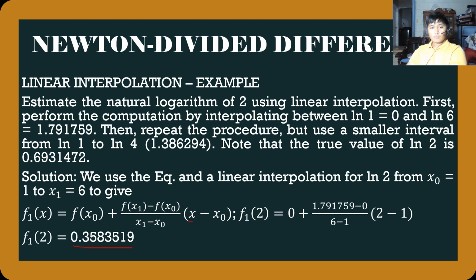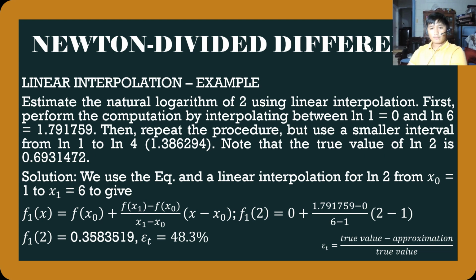So x will be 2, and then minus x sub 0, which is 1. Times this one, so we arrive at this answer.